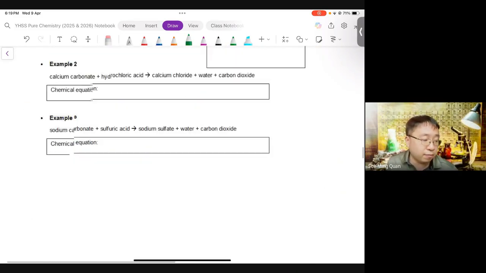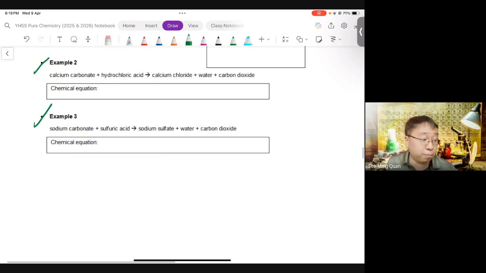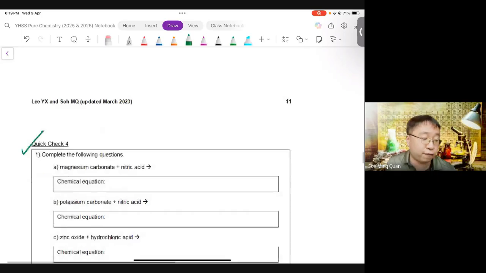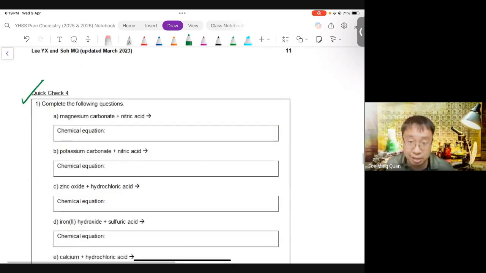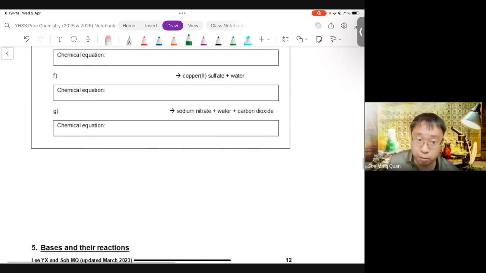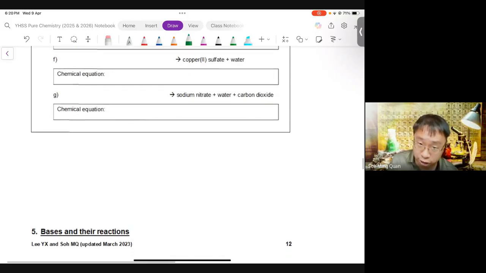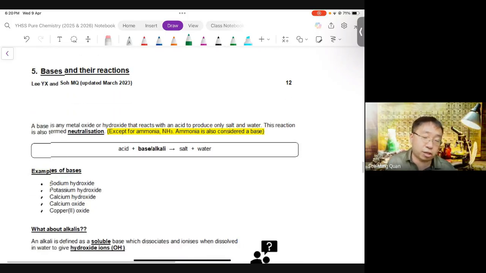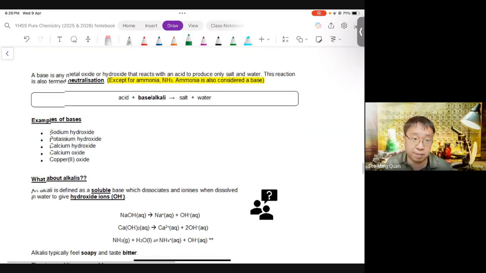The next one, do the carbonate examples yourself, try it yourself. Also do quick check for all of it yourself. This is basic practice that you need to go through in order to ensure you are able to cope with the balancing of equations. Now, I'm just going to quickly move on to page 13.